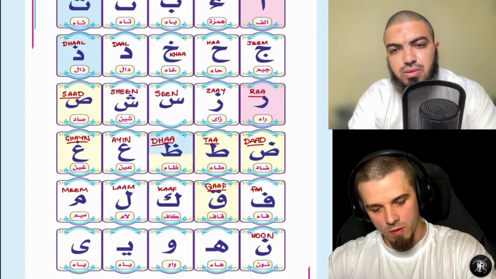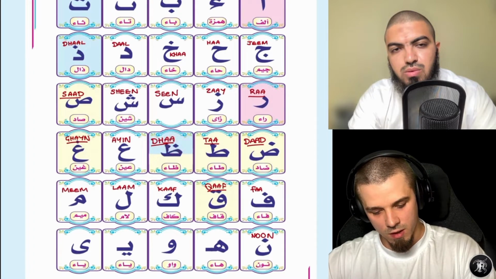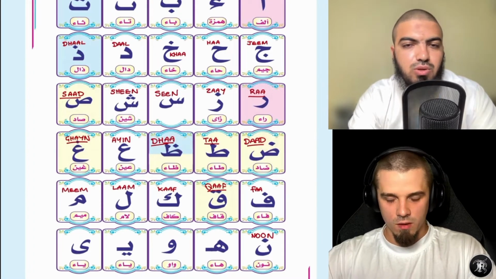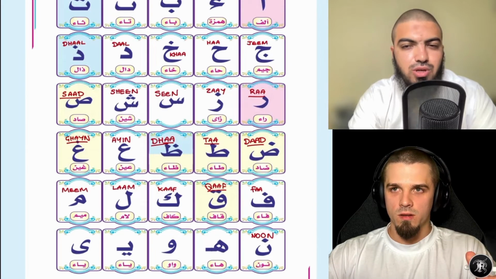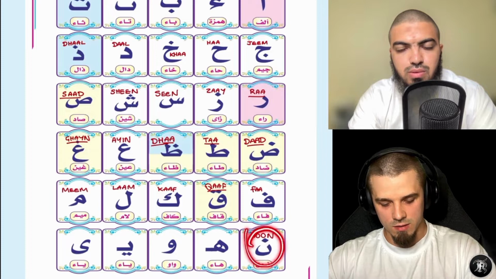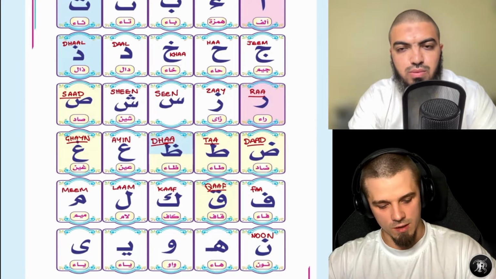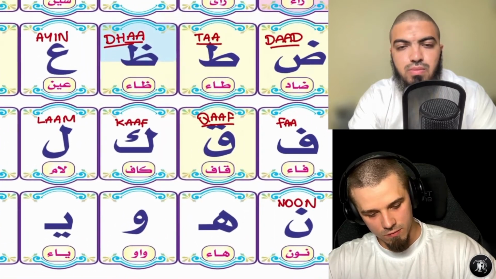There are a couple of other letters which have dots above them, but it's not the same shape, of course, and you can differentiate. When you see them in writing, they're not as tricky as differentiating between these two here. So yeah, the final 4 letters.